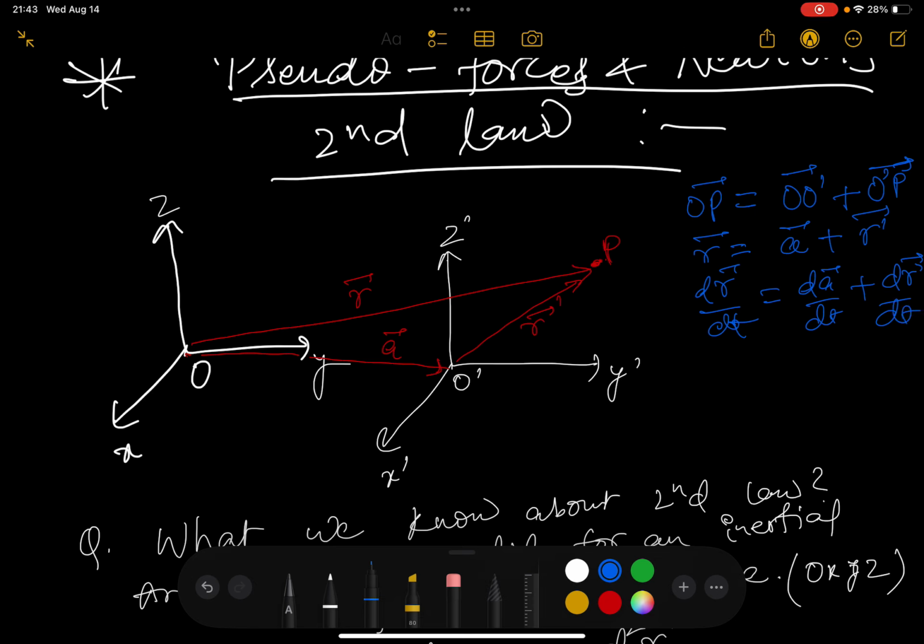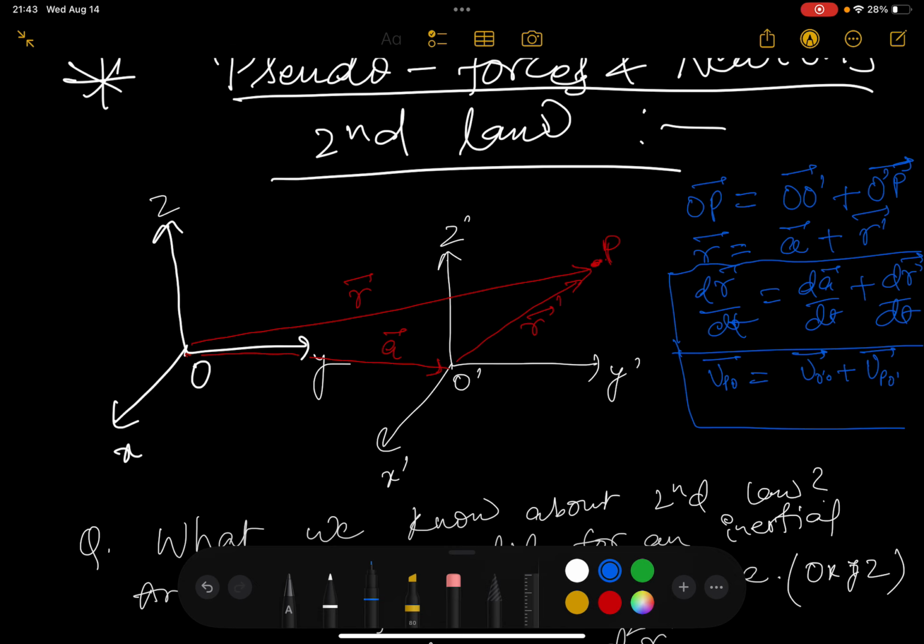This dr by dt represents the velocity of the particle as observed from the inertial frame of reference, VPO, equals the velocity of the frame O dash with respect to O, plus dr dash by dt, the velocity of the particle P with respect to O dash.